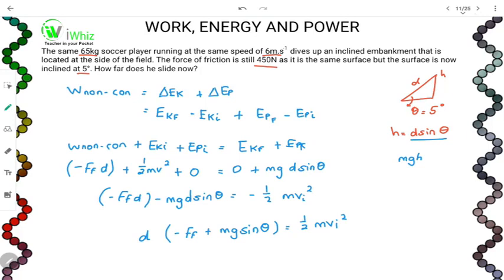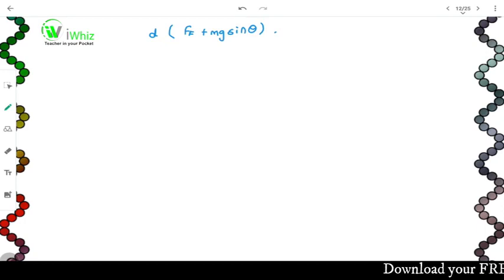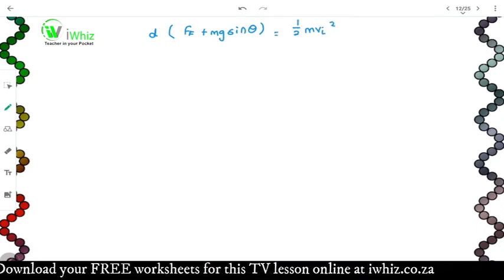So let's rewrite that. Let's say we have d into minus force of friction. And remember, force of friction can now be taken as positive. So I'll have my positive force of friction plus mg sine theta equal to half mv initial squared.